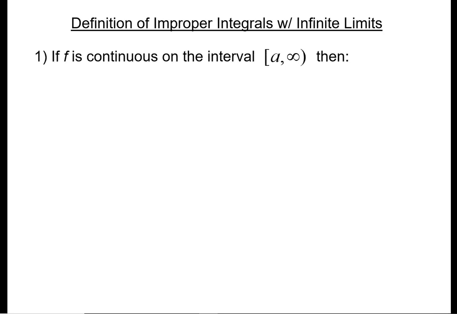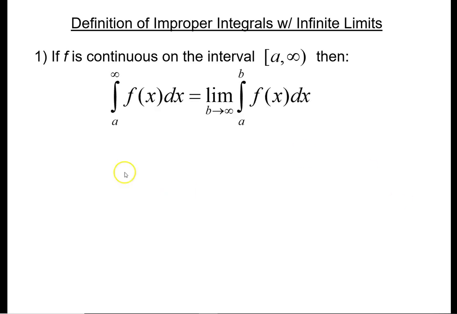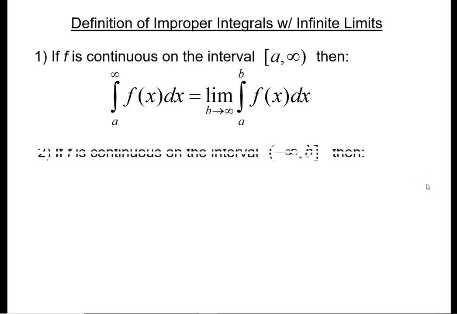Let me formalize this a little bit. As long as f is a continuous function on an interval from a out to infinity, then if we need to evaluate the integral of the function from a to infinity, this is called an improper integral. We're going to replace that infinity at the top with b, and we're going to take the limit as b approaches infinity after we've evaluated this integral using the fundamental theorem of calculus.